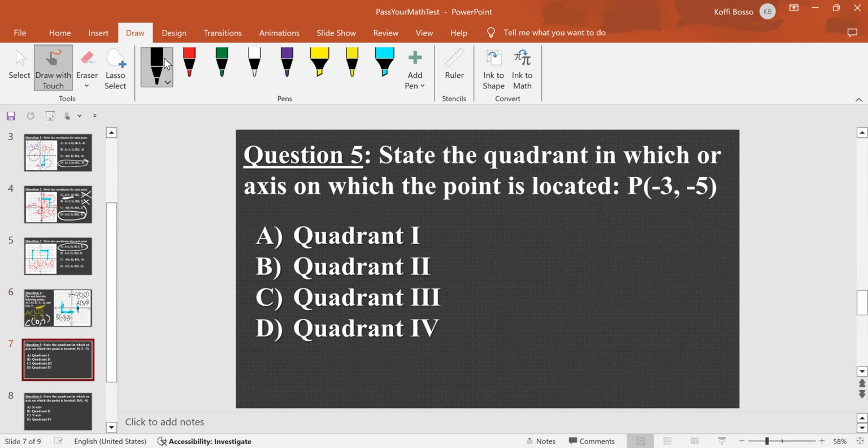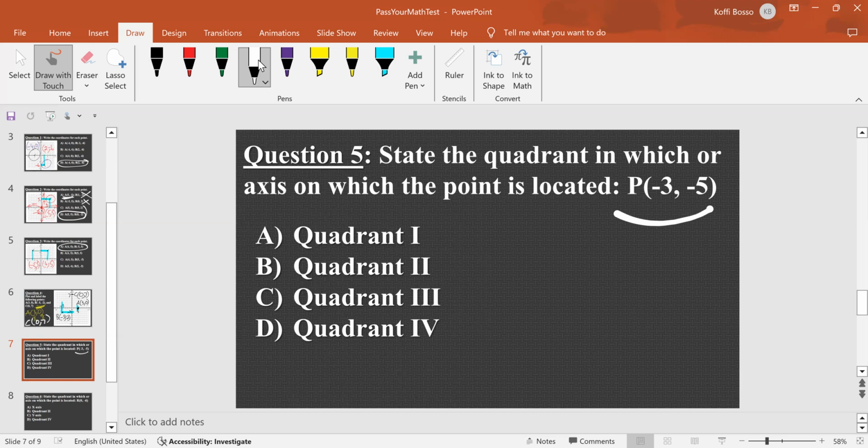Question number 5. They say, state the quadrant in which or the axis on which the point is located. So that means, is the point with coordinate (-3, -7) located in a quadrant? If yes, in which quadrant? Or is it on an axis? If yes, which axis, x-axis or y-axis?